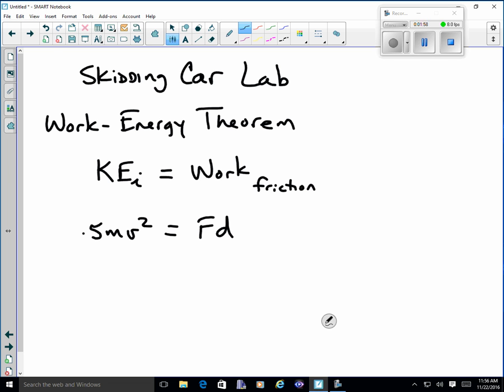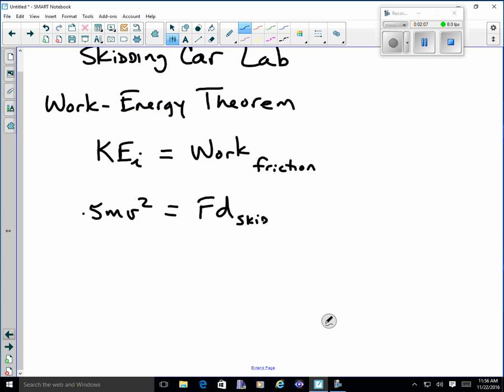Perfect. So what we have to do now is figure out what this force of friction is. You have to remember from last chapter what the formula for friction was. If you remember, we had this little triangle, and we dragged those wooden blocks across the sandpaper and the rubber and all that, and we used this formula right here, that mu is equal to the friction force over the normal force.